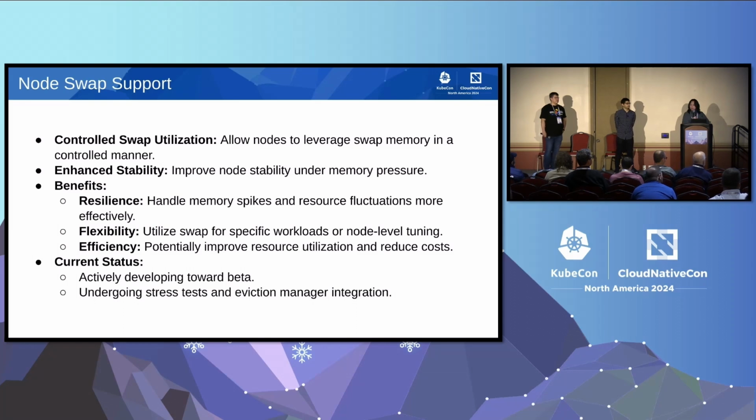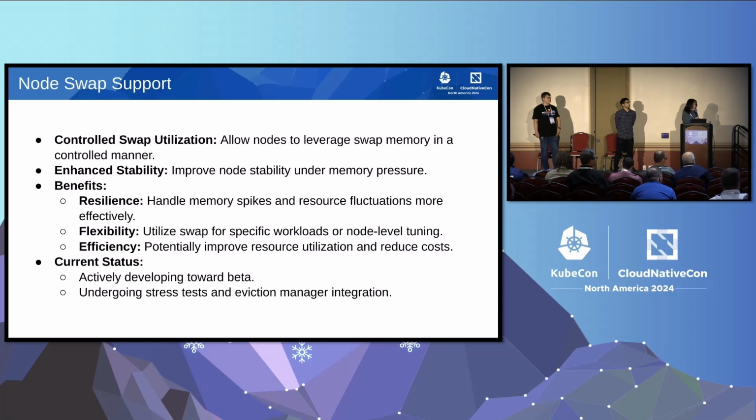I think the VM container use cases, and also the booming stateful workloads. At this time, you cannot increase the resource on the given node, especially for those biomedical use cases, and you cannot dynamically add more resources to the physical node, but you temporarily suffer from memory spikes, right?